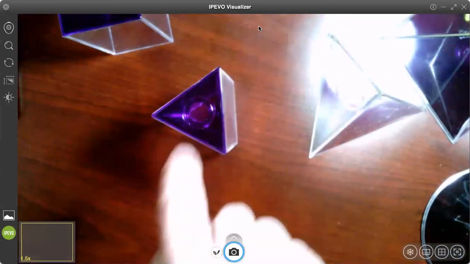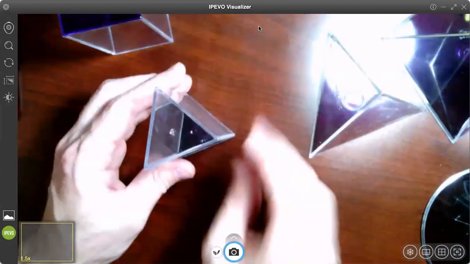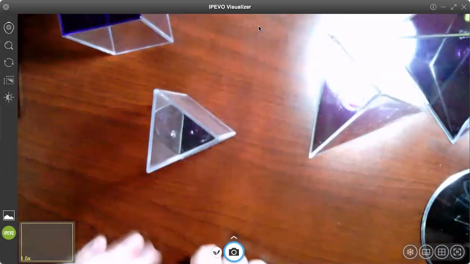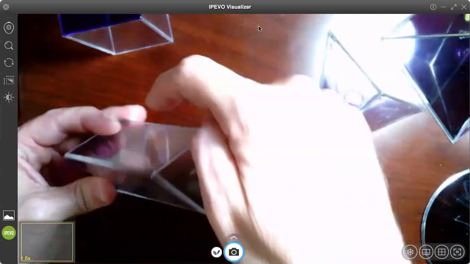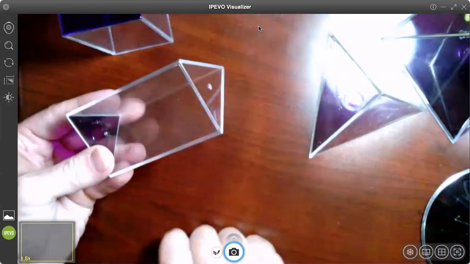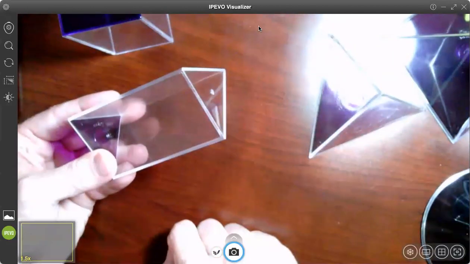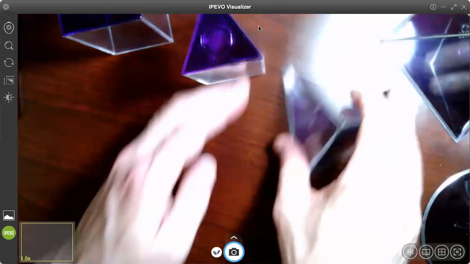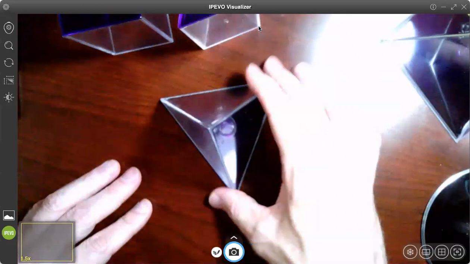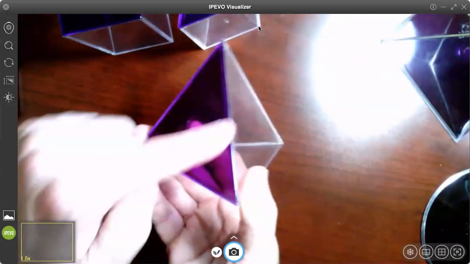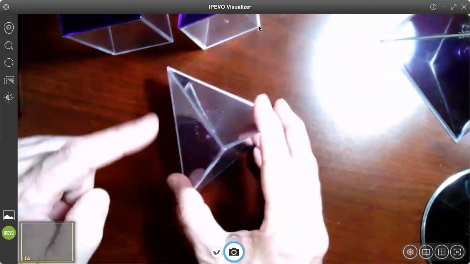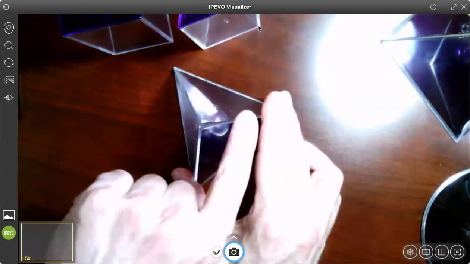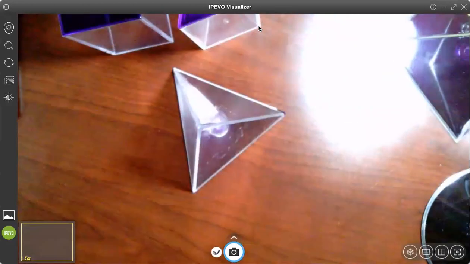1, 2, 3 on this base, 1, 2, 3 on the other base, and then you'll have 1, 2, 3 on the side faces. This triangular pyramid has 6 edges. 1, 2, 3, 4, 5, 6. 6 total edges.